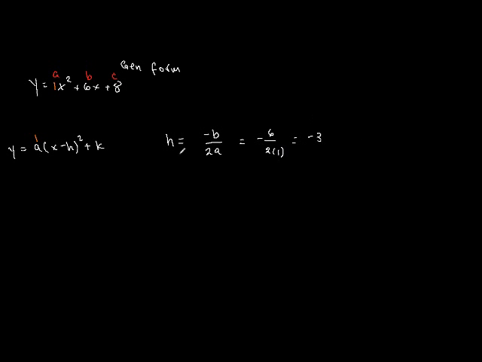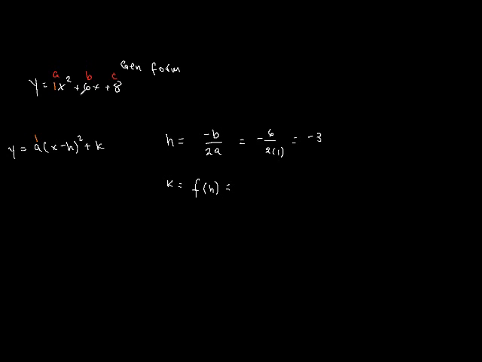Now to find k, k is equal to f of h. So k is basically the value of y when x is the value of h, here negative 3. So what does that mean? It means if f of x is equal to x squared plus 6x plus 8, we're just going to replace wherever we see an x by negative 3.